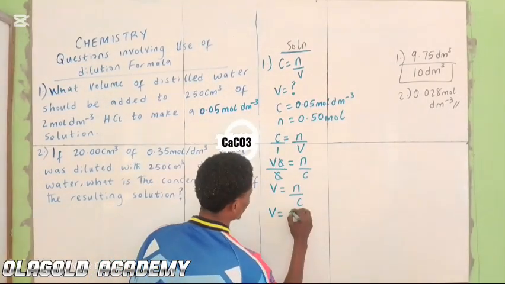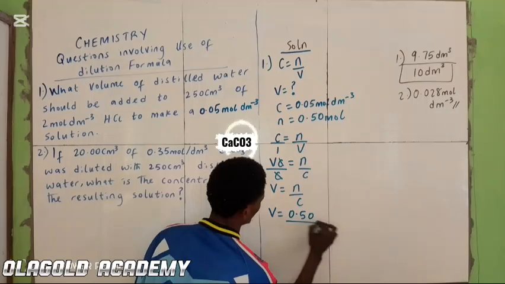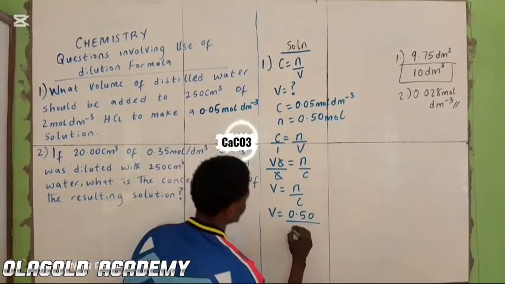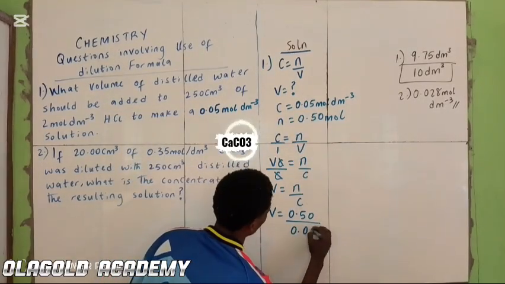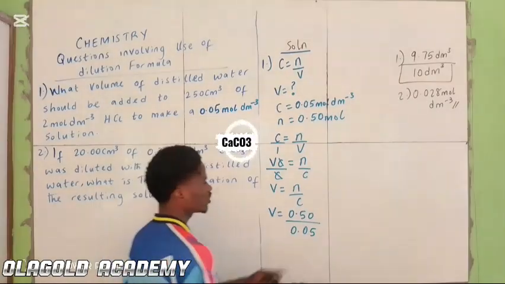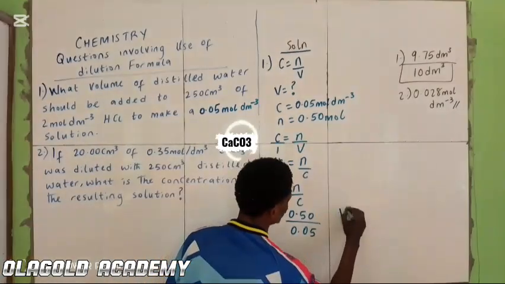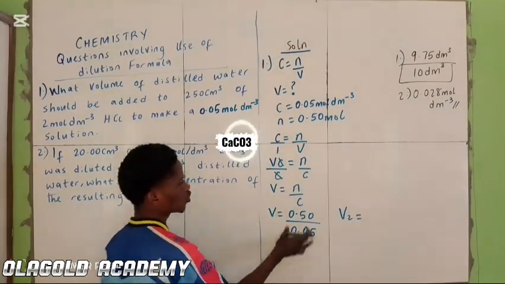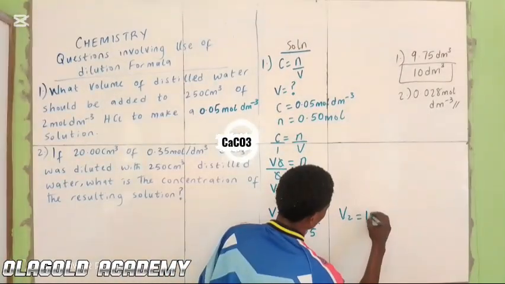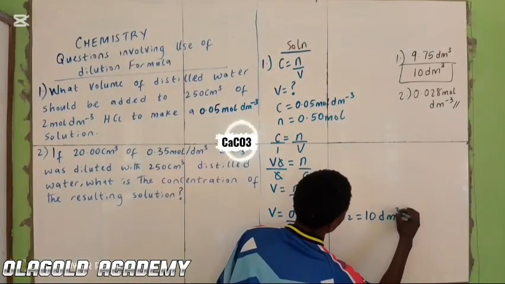Now, our volume equals mole over concentration. Mole is 0.50. Concentration is what there? 0.05. So if we divide this, we are going to get our V2 to be equal to 10 dm cube.